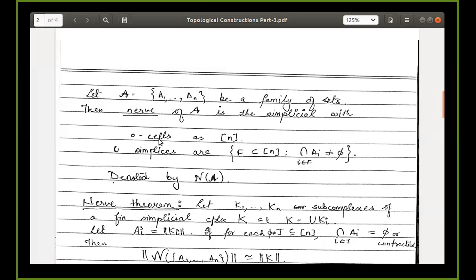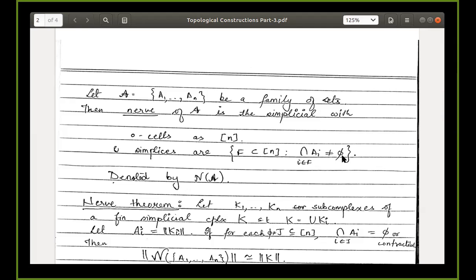Its zero cells are the elements 1, 2, 3, and so on up to n, and any k-subset of this [n] forms a simplex in this simplicial complex if the corresponding A_i intersect. This is precisely the same as saying that a subset F of [n] forms a simplex if the intersection of A_i, where i runs over F, is a non-empty set.